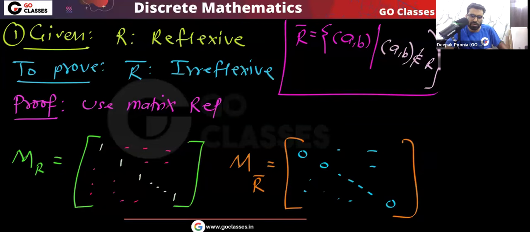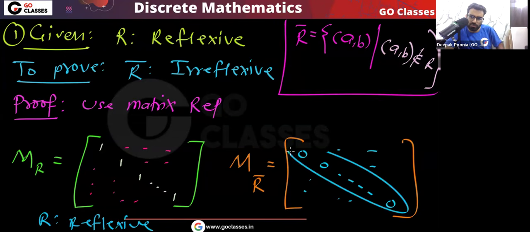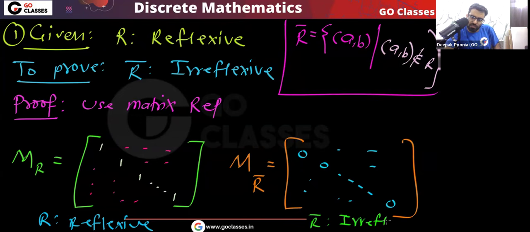If the main diagonal is all ones, it means R is reflexive. If the main diagonal is all 0, it means R complement is irreflexive. Okay, that's it. Hence proved. So just using the matrix representation, very easily you can prove it.